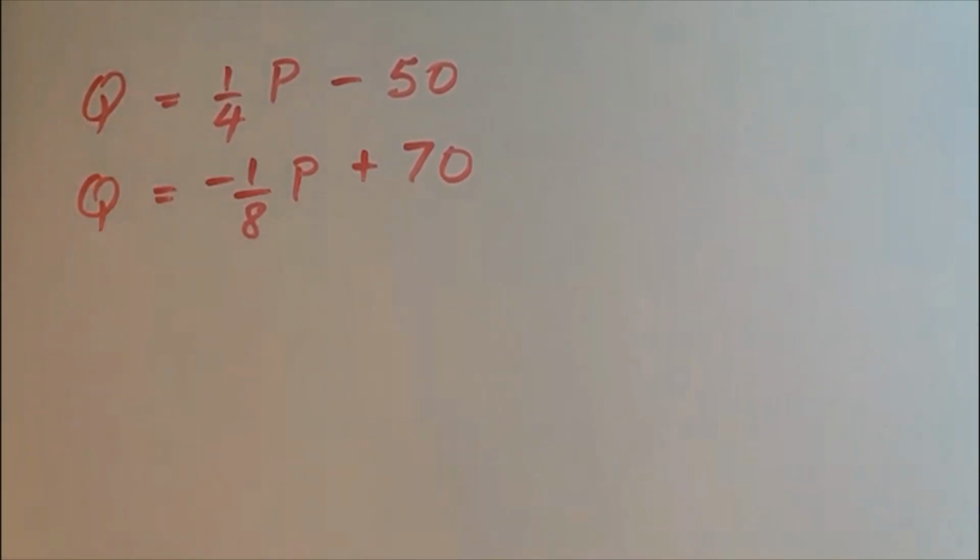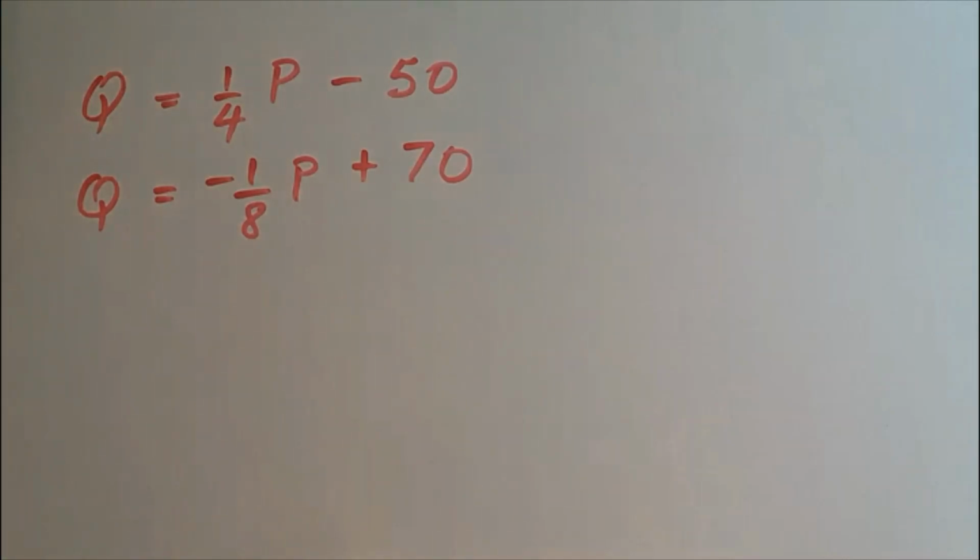Suppose after or during the course of creating a mathematical model, you arrive at these two simultaneous equations. P is the equilibrium price and Q represents the quantity of apples, a certain brand of apples. And we want to solve these two simultaneous equations.